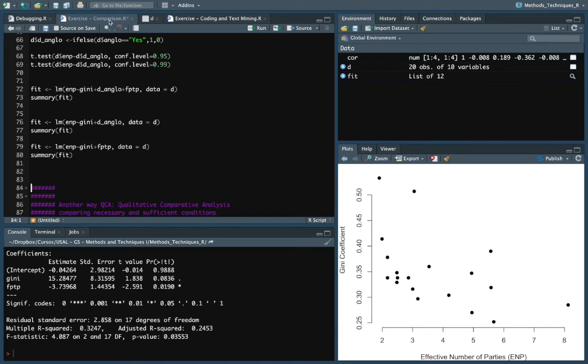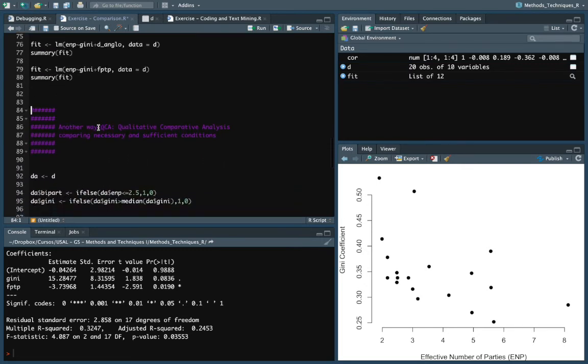They drastically reduce the number of parties in the system. So we find through these exercises how the electoral law, the Duverger law, is confirmed in the data. You see that if you have a type of electoral system, you end up having fewer parties than when compared to other electoral systems.